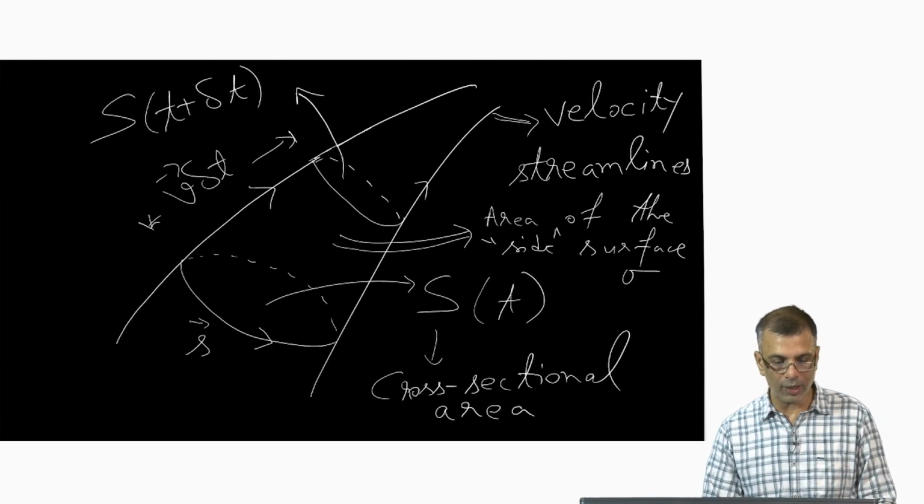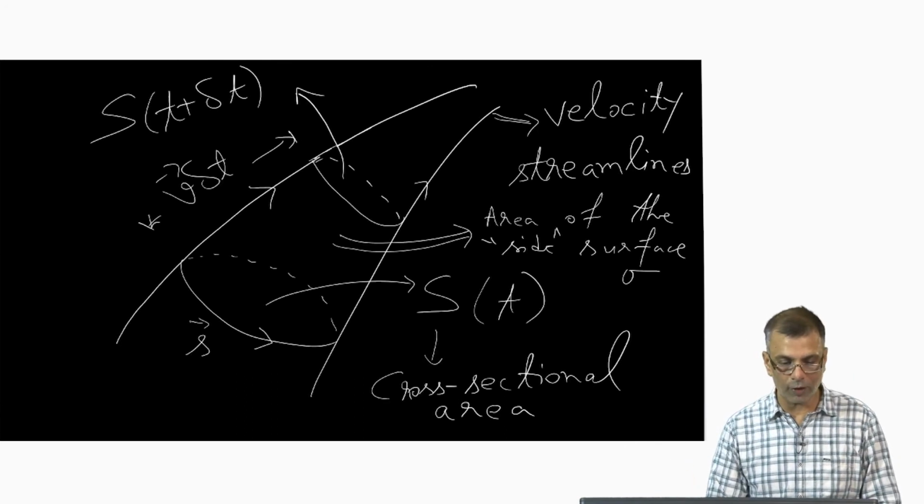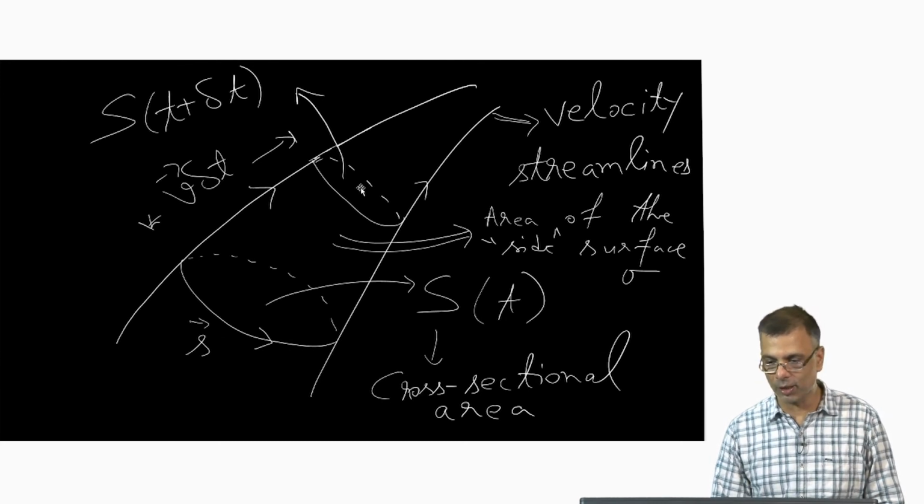This would be the phi at t plus delta t. So we are now looking at the difference in flux: the phi at this instant minus the phi at this instant, and we've already written down the phi at this instant. Now what's the phi at this instant?